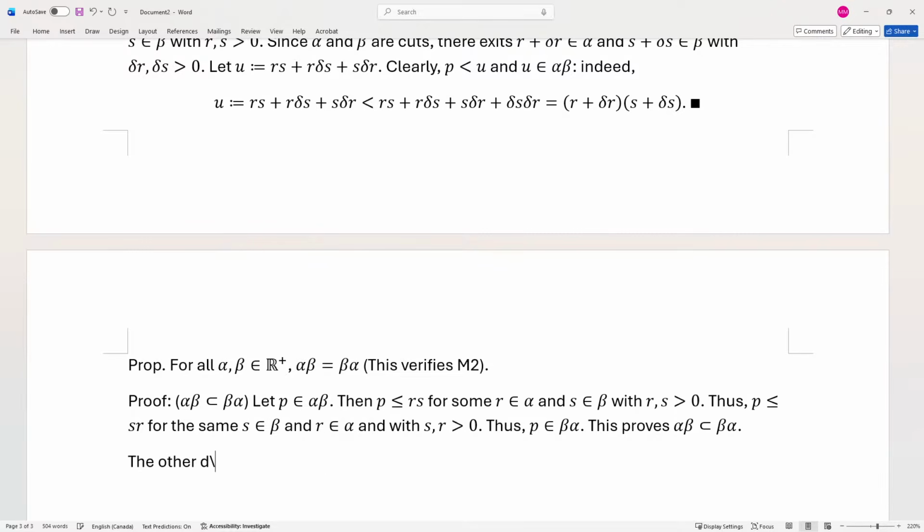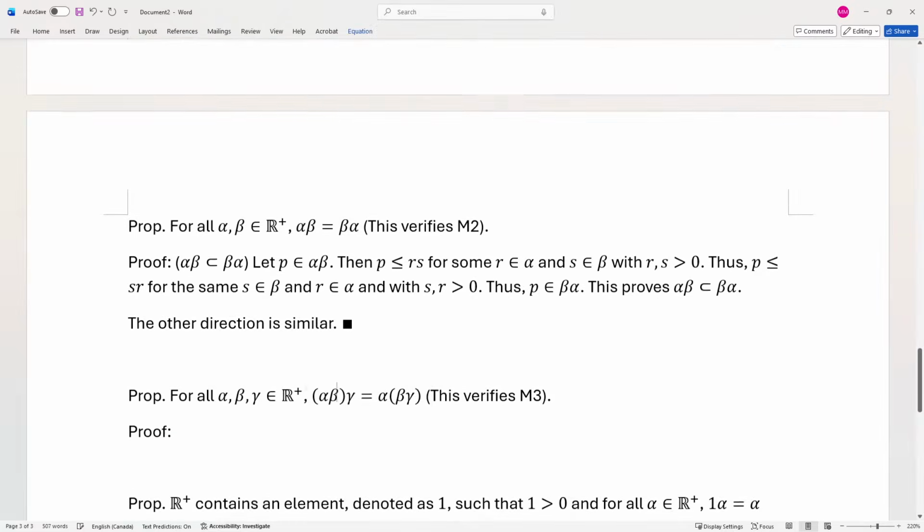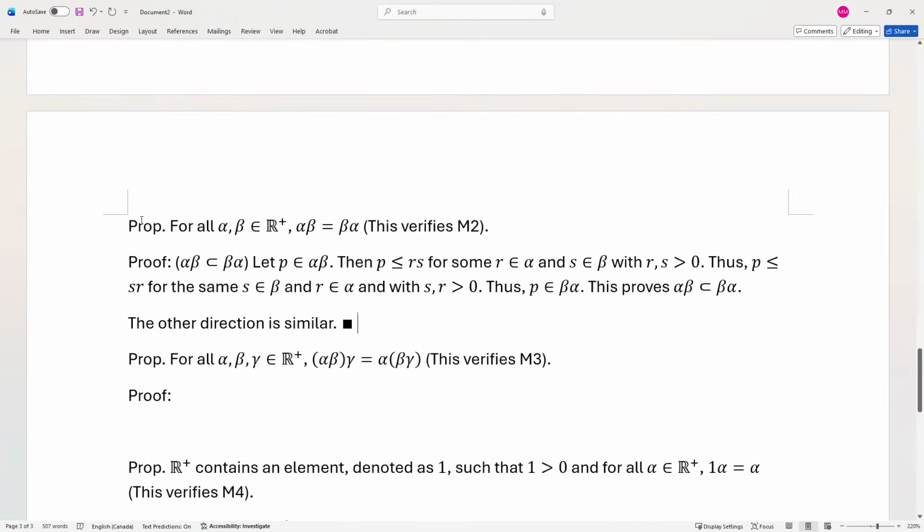So that's this proposition done. Once again, it boils down to the fact that multiplication between rationals is commutative, so not much to say there.